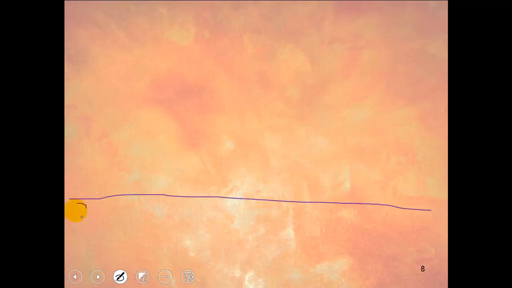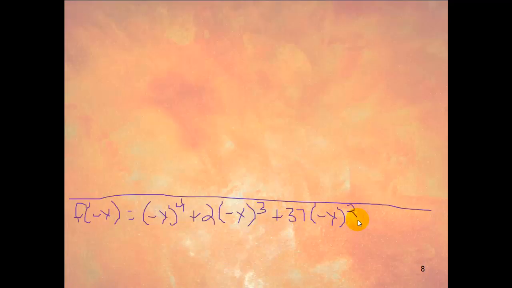So I'm going to plug in negative x, and so I get negative x to the 4th plus 2 times negative x cubed plus 37 times negative x squared plus 12 times negative x, and then plus 36.